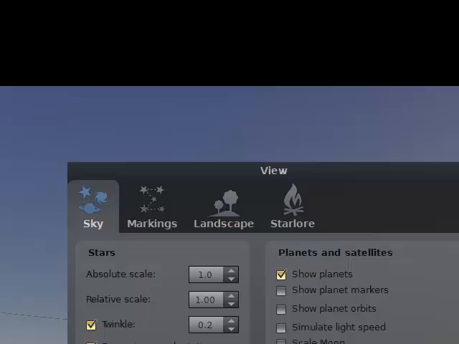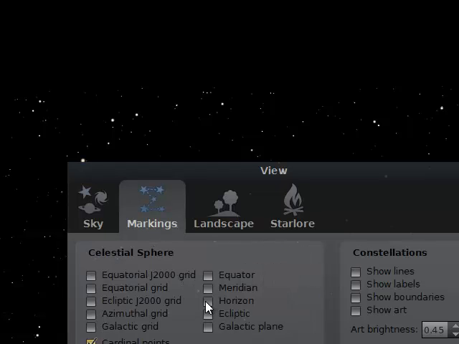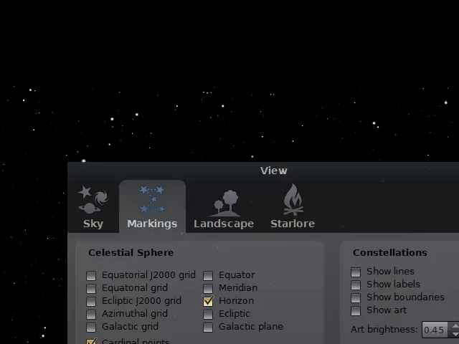We'll set the sky by turning off the atmosphere, turning off the dynamic eye adaptation and the star twinkle. I'll go to markings and turn on the horizon and cardinal points and go to a perspective projection.